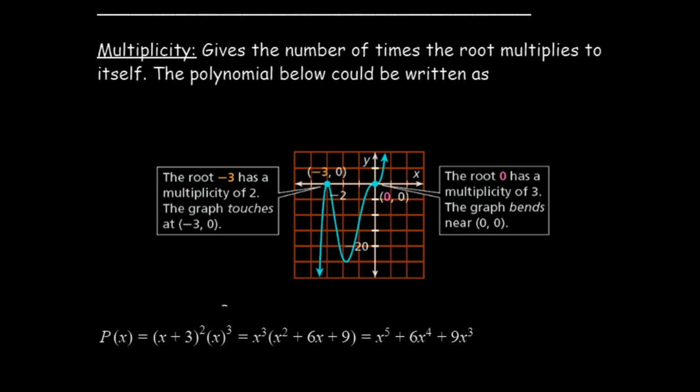There's just one solution. Do you see how right here, where it goes up to the x-axis and then bounces right off? If I was just looking at that part of this polynomial, what function does that look like? It looks like a quadratic.